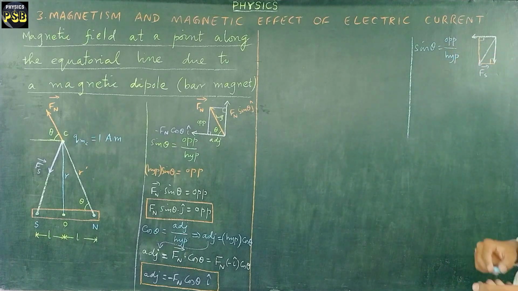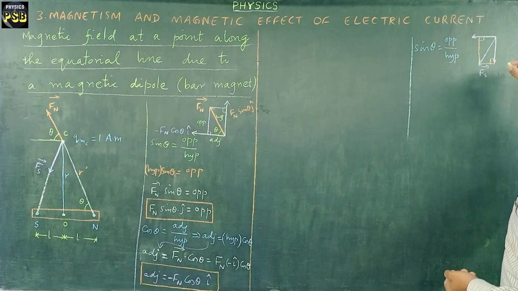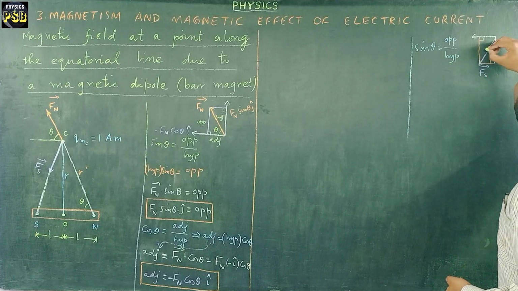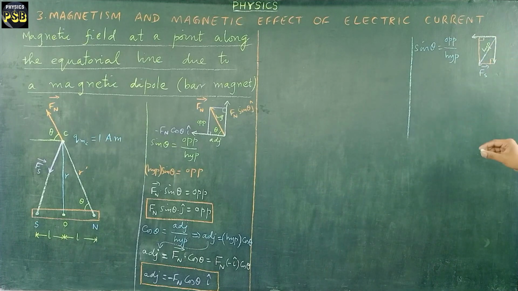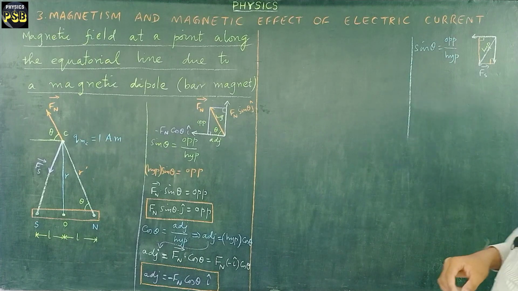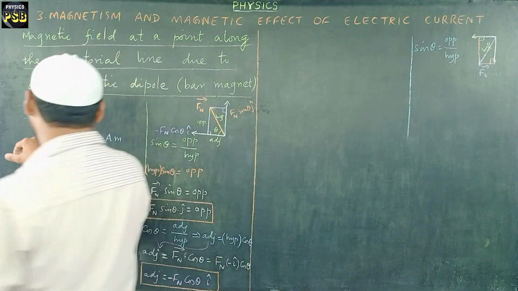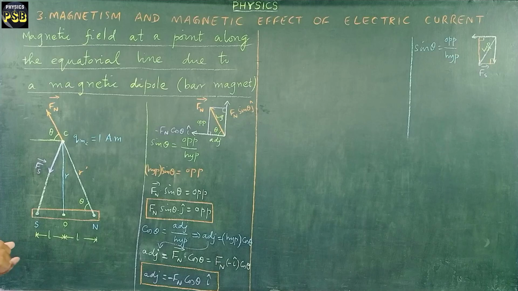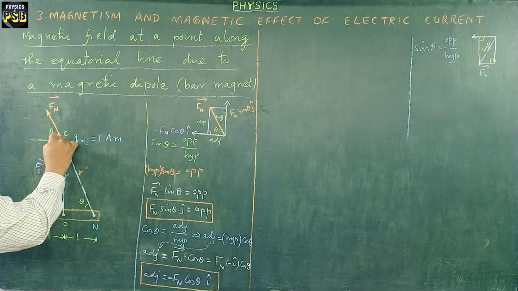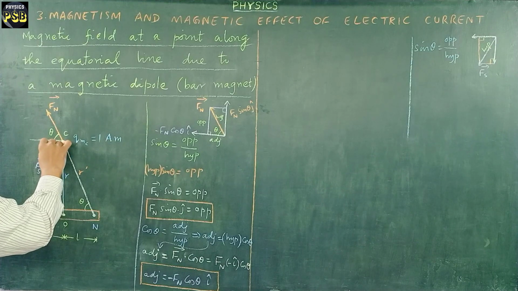So in this diagram, Fs vector acts as hypotenuse, and from the diagram, if this angle is theta, then this angle will also be theta.